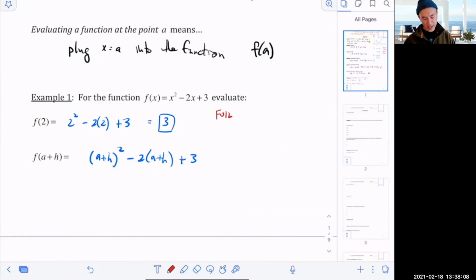It's an algebra idea. And then you also have special formulas, like X plus Y squared. This happens so commonly that people almost remember how those distributions work. So that's X squared plus 2XY plus Y squared, right? That's just true in general. So we could apply that with our A and our H.